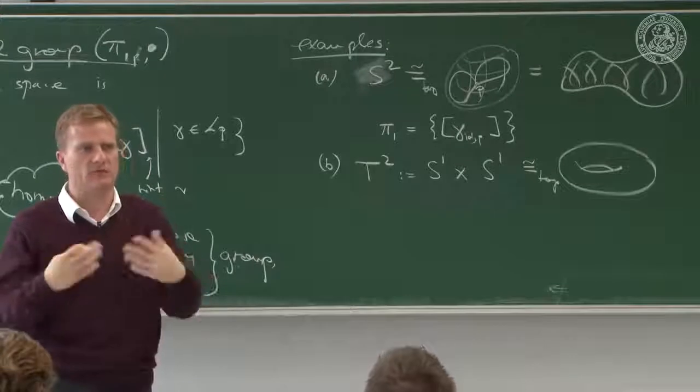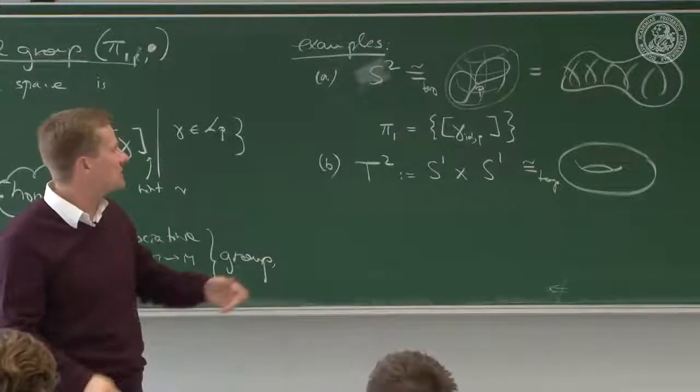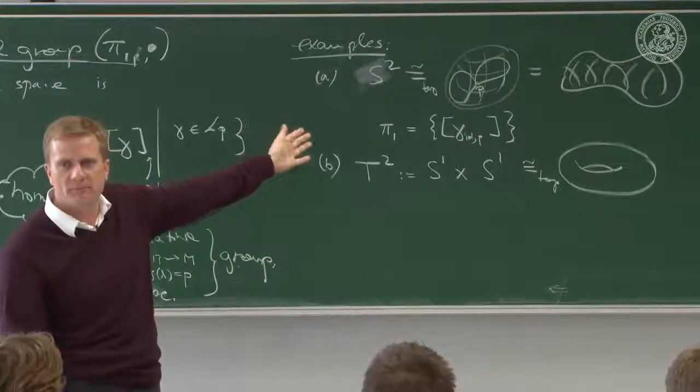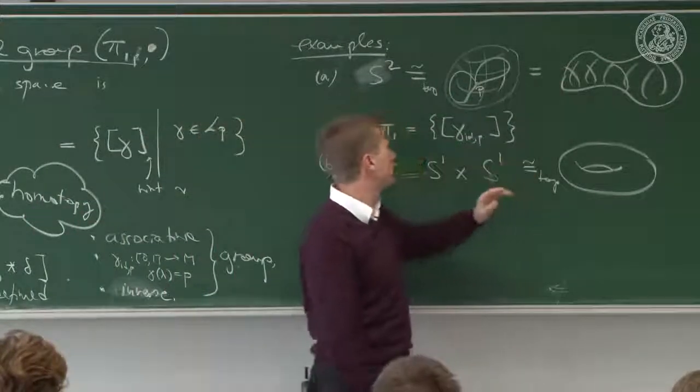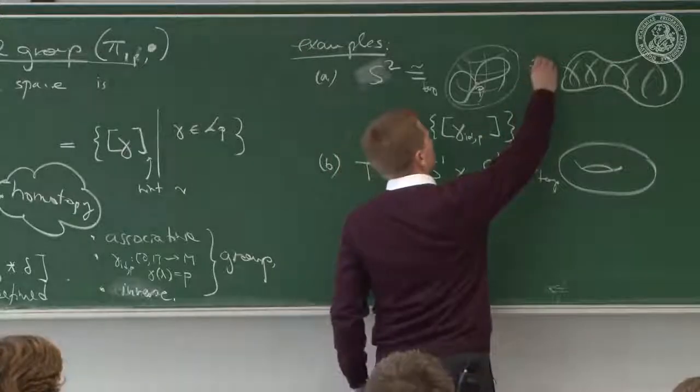So through the glasses of topology, they are the same. It's just the artifact of my presentation of these spaces on the blackboard that makes them look different. And they're homeomorphic, if you wish.